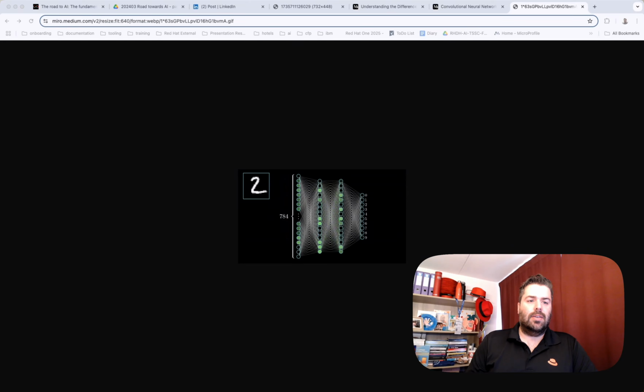This is the essence of how machine learning can look at messy, real-world data, like handwritten scribbles, and then learn to classify them with remarkable accuracy. So this is the high-level explanation of how a neural network behaves.